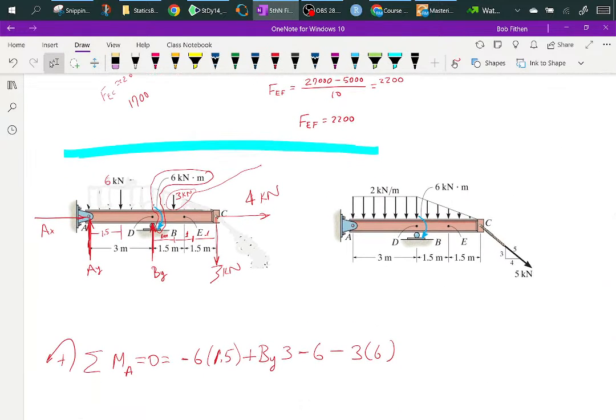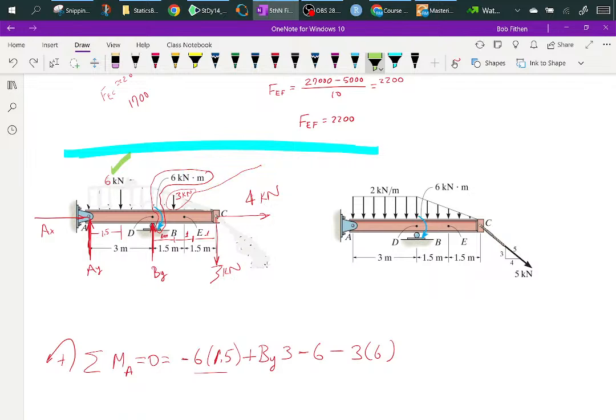Okay, so let me do an accounting here. I first did my 6, so I did that one. I did the BY. I did the 6, and I did this 3, but I forgot that one. I just completely forgot it.